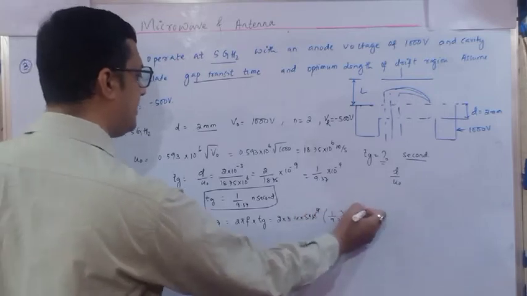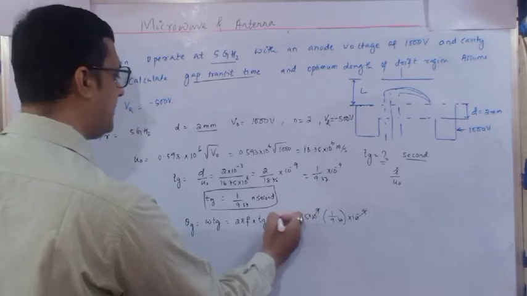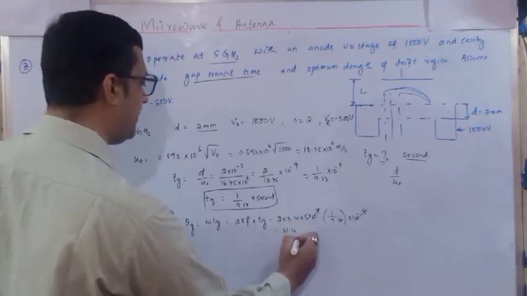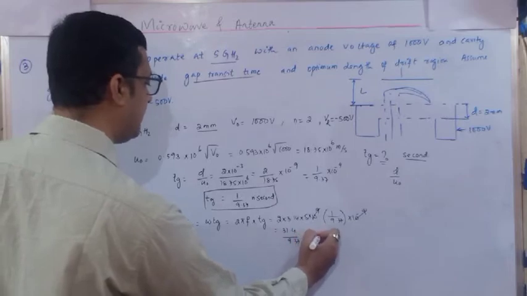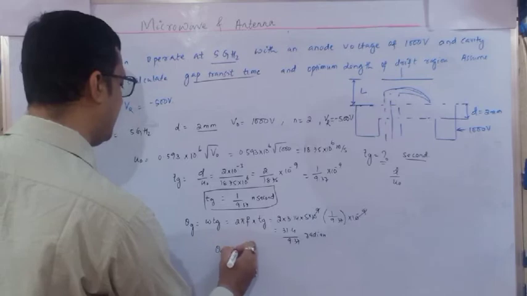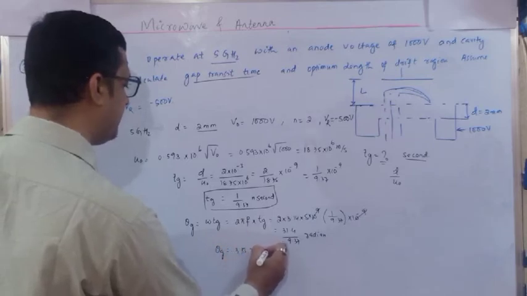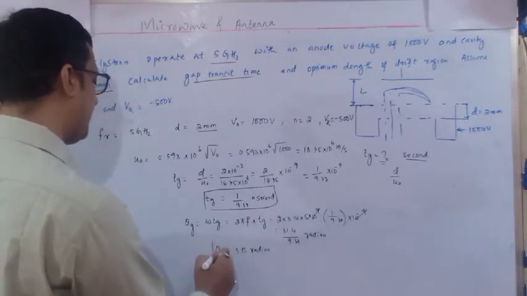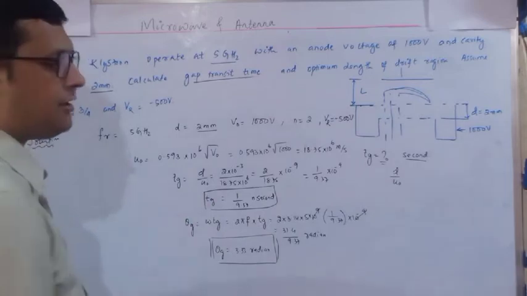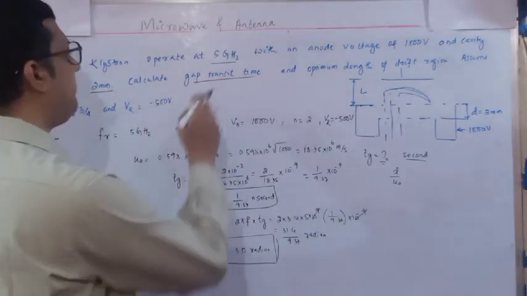So this 9 will cancel out. Here you can find out that it is 31.4 divided by 9.37 radian. Okay, so if you calculate it, near about 3.33 radian will come. So this is our transit angle, this is our transit time period. Simple calculation. So this is the gap time period.